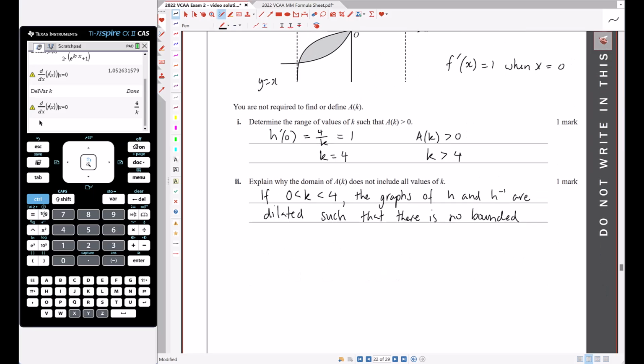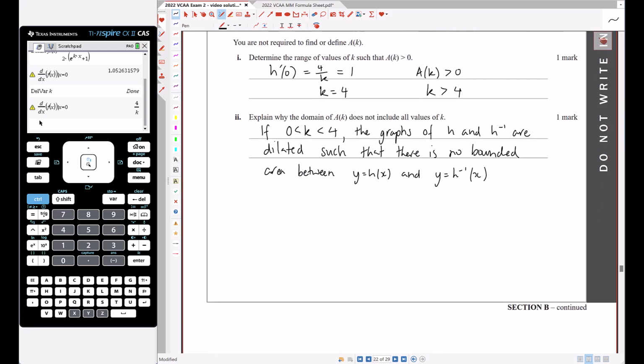So there is no bounded area between y equals h of x and y equals inverse h of x. Hence, actually it'll be k less than or equal to 4. Hence, k must be bigger than 4 for A of k to be defined.